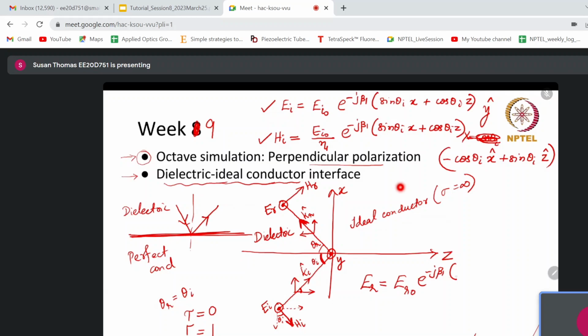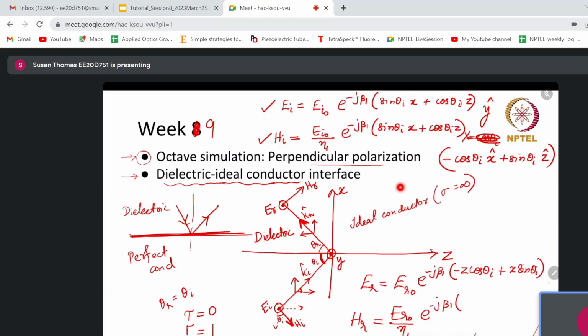So how do we write it? Minus z cos theta I plus x sine theta I. Similarly, the reflected magnetic field can be written as ER naught by eta 1 into e raised to minus j beta 1 into the wave vector, which remains the same.